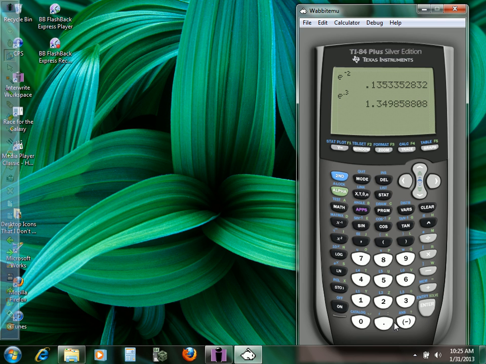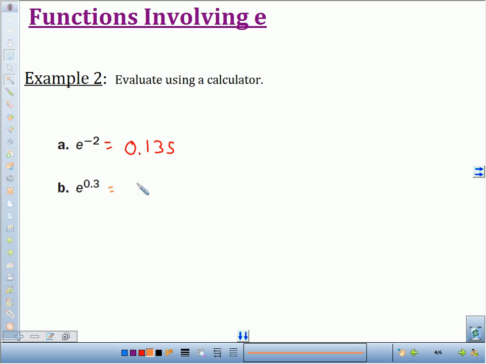We hit enter, and e to the 0.3 power is 1.39485, so on and so forth, which would round up to 1.35. So e to the 0.3 is about 1.35. And that's the evaluation. Purely plugging stuff into the calculator and getting an answer.